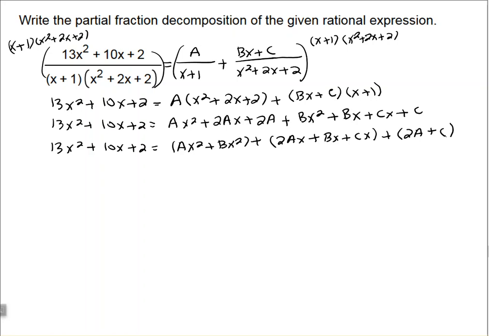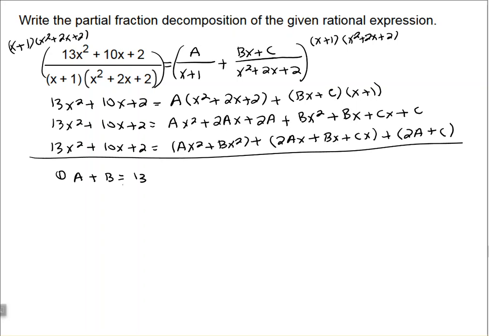Okay, now match up your terms with the coefficients on the left hand side, the matching terms on the left hand side. So ax squared plus bx squared would match up with 13x squared, which means a plus b equals 13 for my first equation. Then equation 2, we have 2ax plus bx plus cx equals 10x.